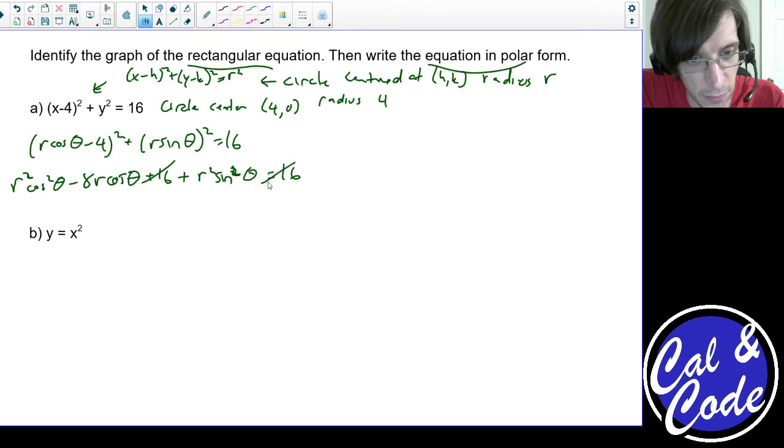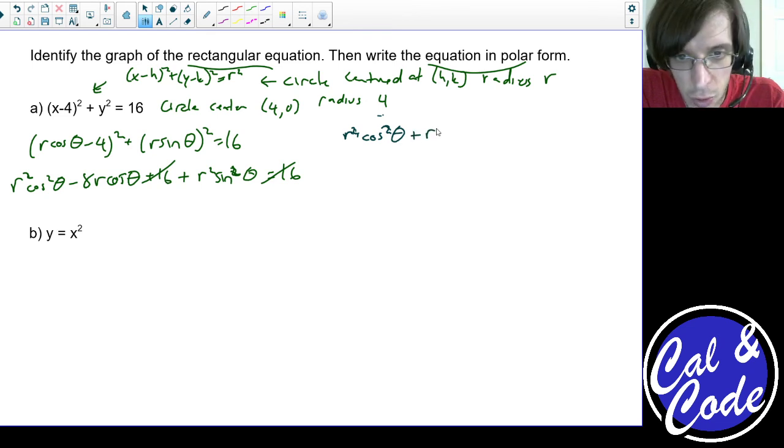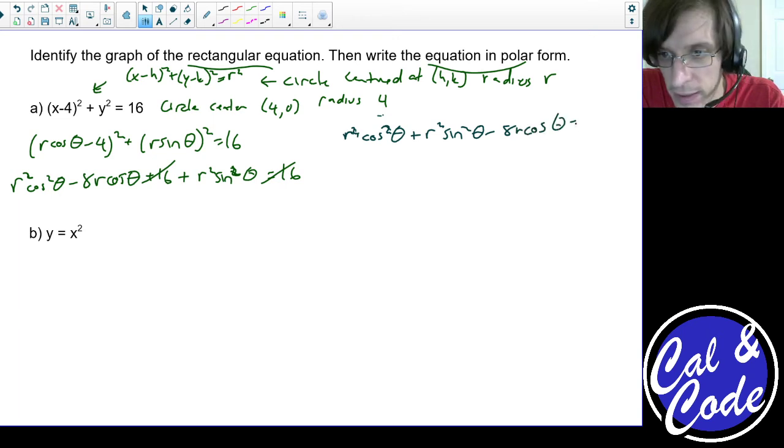Subtract the 16s from both sides. Then I end up with r squared cosine squared theta plus r squared sine squared theta minus 8r cosine theta is equal to 0.